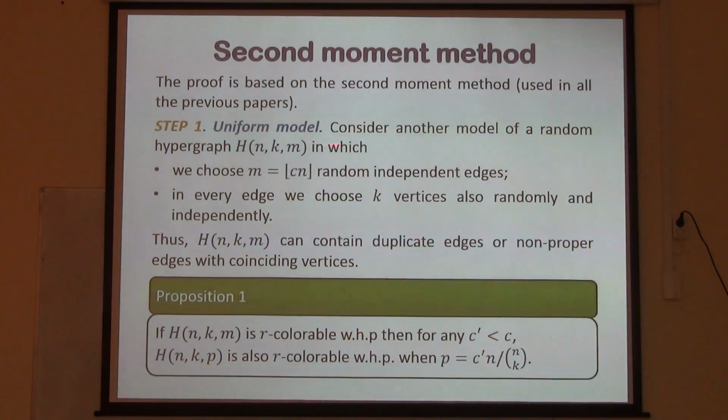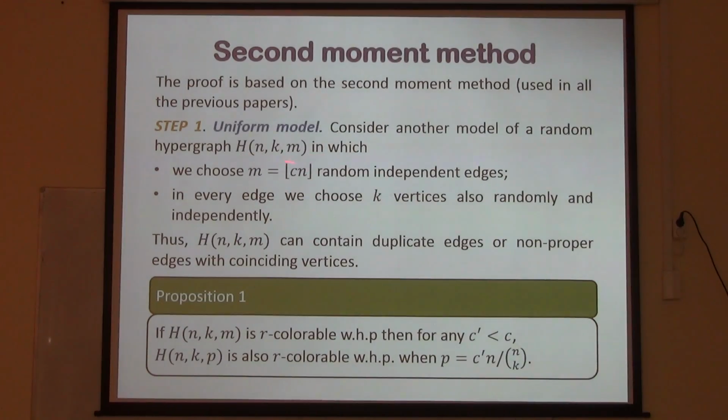So what is the idea? How can we prove the previous theorem? So the first step is to consider another model of a random hypergraph. Instead of the binomial model, it is more convenient to consider a uniform model, but not the classical uniform model.